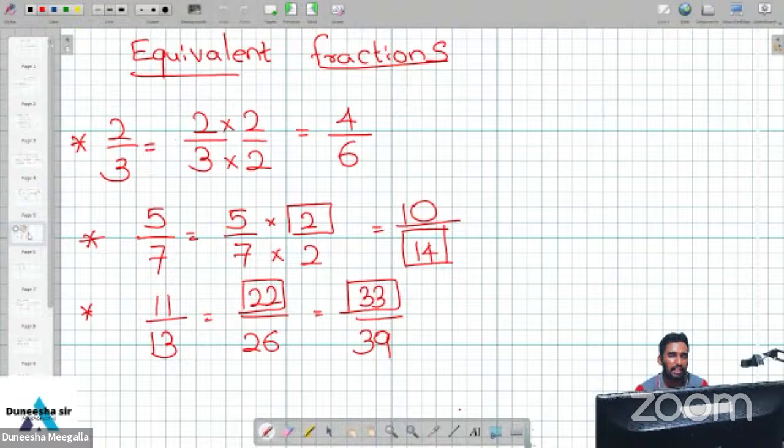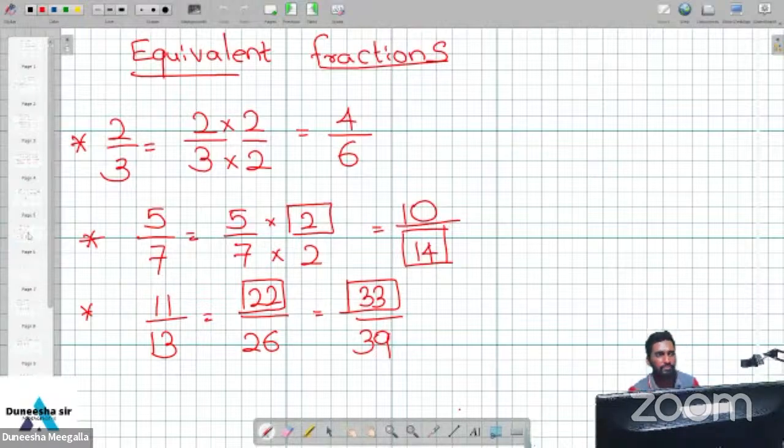Then we discussed equivalent fractions. What are equivalent fractions? We can get equivalent fractions by 2 methods. The first one is multiplying both the numerator and denominator by the same factor. How do we get the equivalent fraction for 2 over 3?